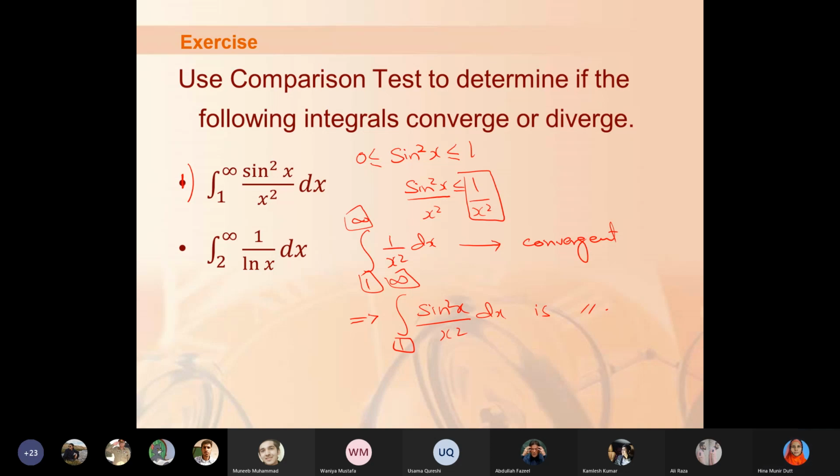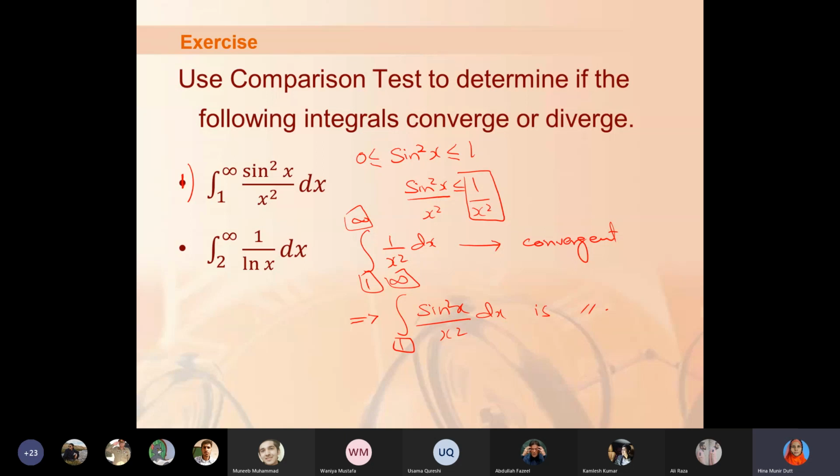Okay. So basically this is the procedure. That is, in order to check whether the given improper integral is convergent or divergent, you compare it with some function whose convergence or divergence is known to you.